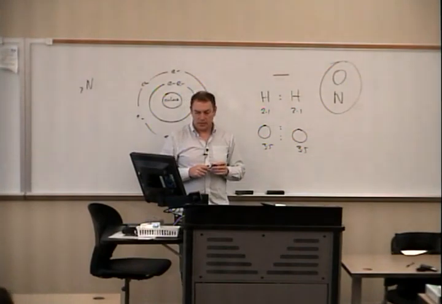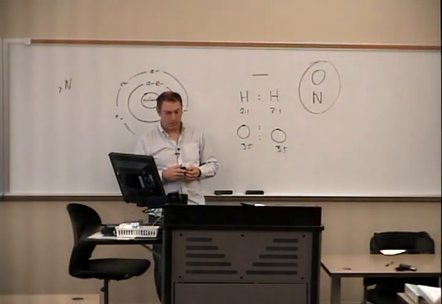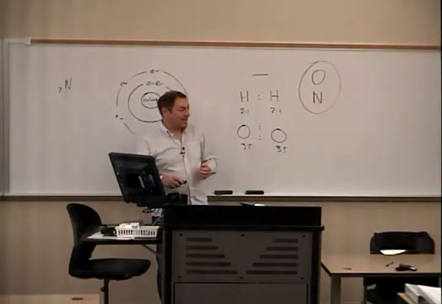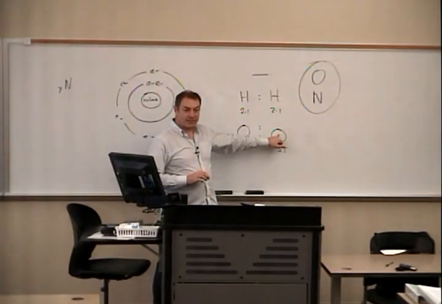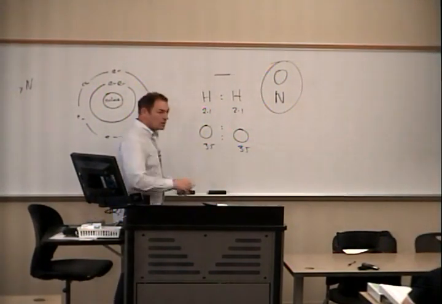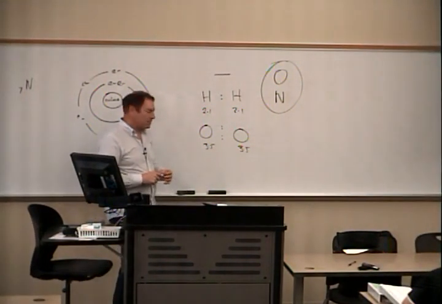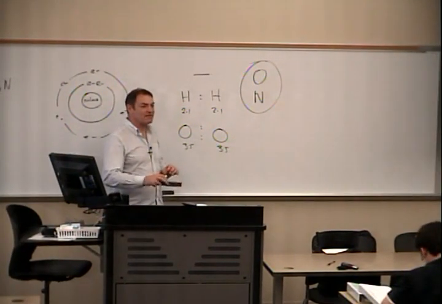All right. So, covalent bonds between atoms of the same element are always going to be non-polar covalent bonds, right? Because they've got the same electronegativities. What happens though if the electronegativities between the two atoms are very, very similar?